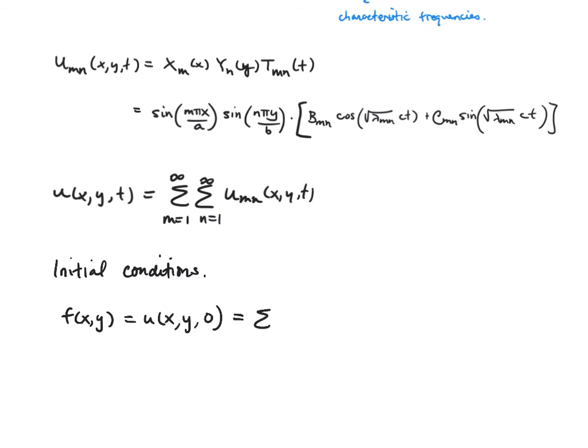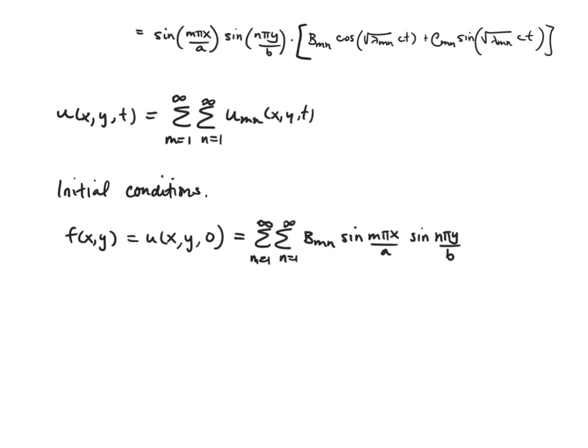We have, again, the double sum m equals 1 to infinity, n equals 1 to infinity. t is equal to 0, so the sine terms in the time part are going to be gone. Cos of 0 is going to be 1, and so I end up with a b_mn and then my sine terms, sine(m pi x over a), sine(n pi y over b).